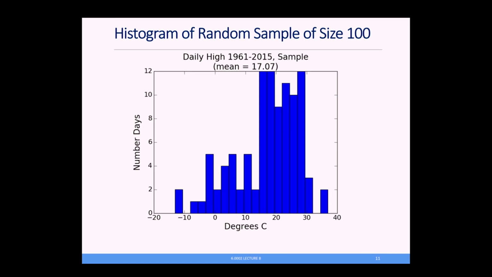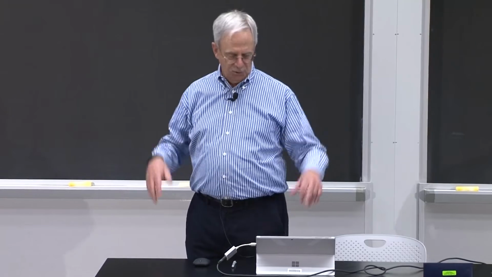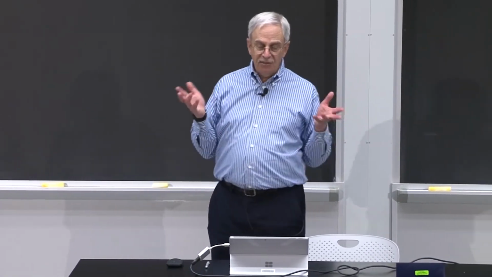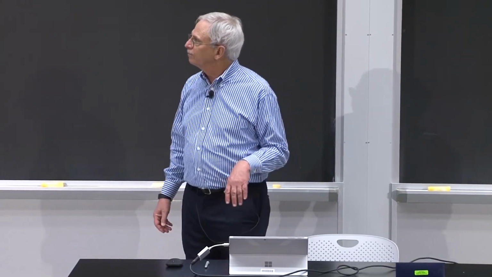Looks pretty different, as you might expect. Its standard deviation is 10.4, its mean 17.07. So even though the figures look a little different, in fact, the means and standard deviations are pretty similar.